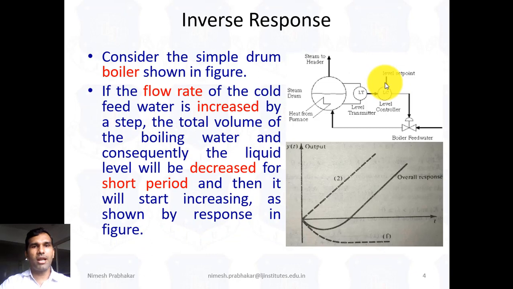If the flow rate of the cold feed water is increased by a step, the total volume of the boiling water, and consequently the liquid level, will decrease for a short period, and then it will start to increase, as shown by the response in the figure. Here these three lines indicate the response. This is the overall response and this is the normal situation response.